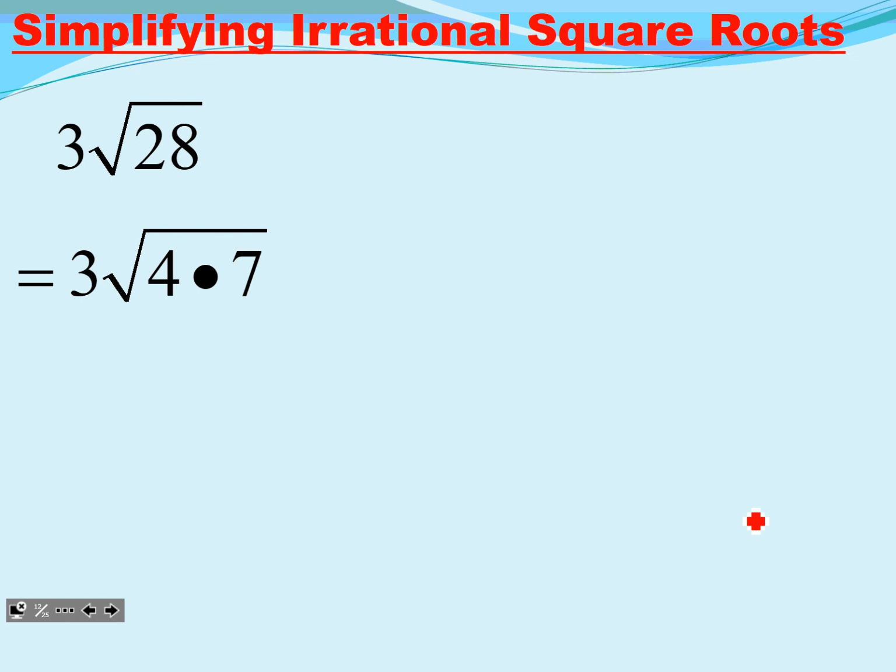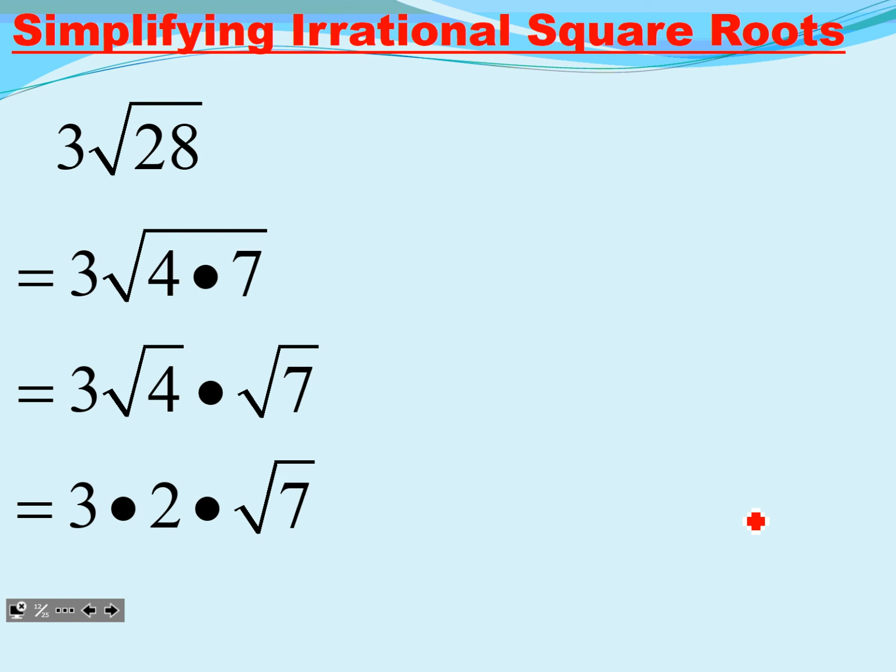I can take the square root of 4, so that becomes 3 times root 4 times root 7, which is 3 times 2 times root 7, which eventually equals 6 root 7. Now, do you have to show all the work in the middle? No, you don't. If you can get from 3 root 28 to 6 root 7, good. I kind of expect you guys to do that.